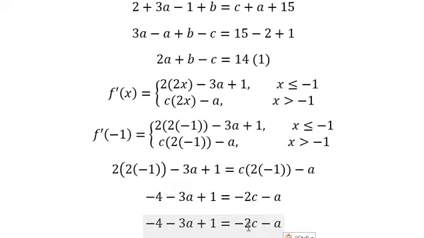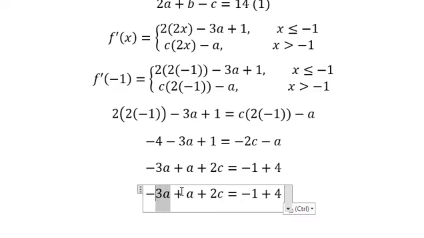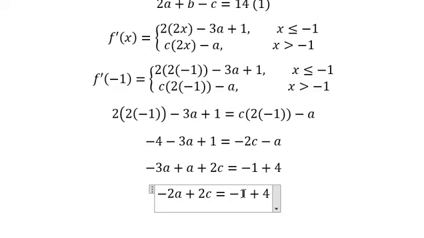So negative 2 and negative a go to the left. 1 and negative 4 we put on the right. So this one we have negative 2a. This one we have 3. And we have the second equation.